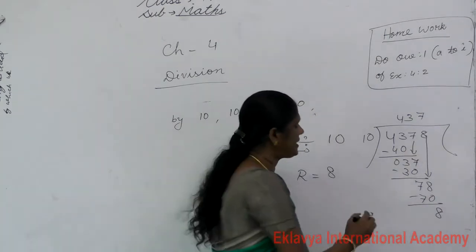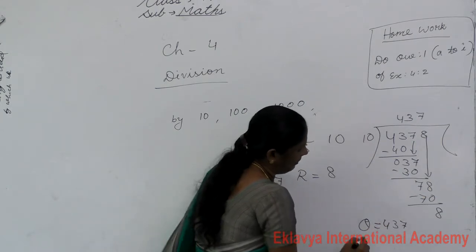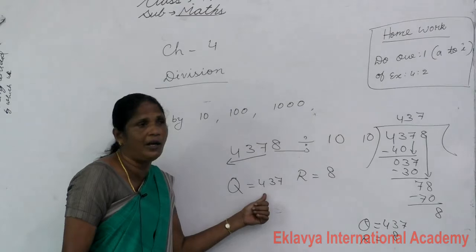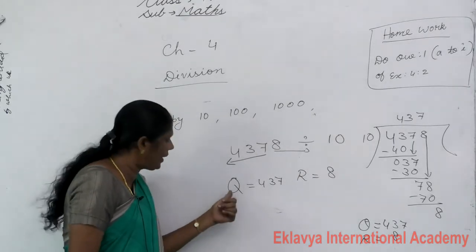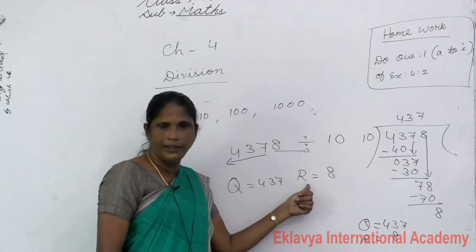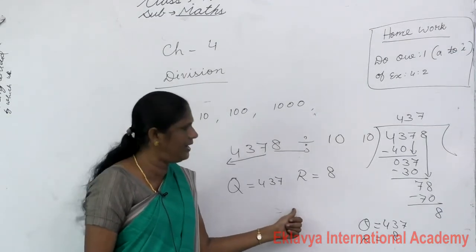Quotient is 437, remainder is 8. Here also our quotient is 437, our remainder is 8. This is the easy method, yes or no? Yes.